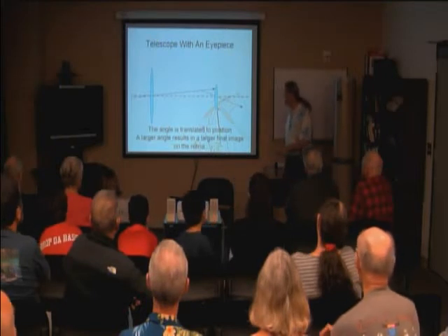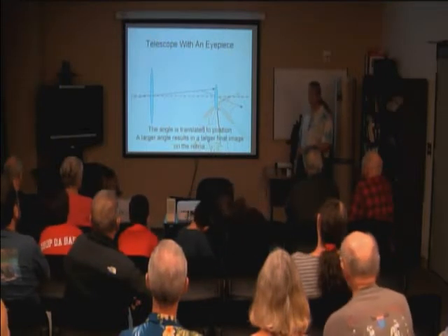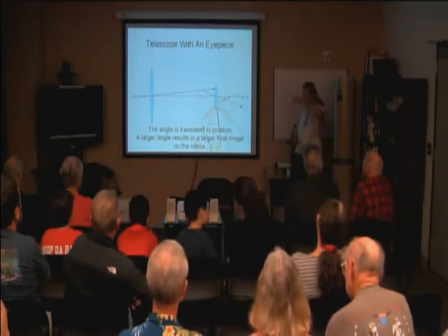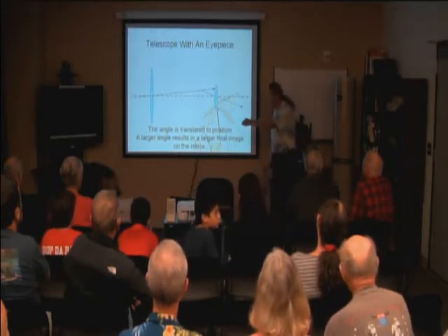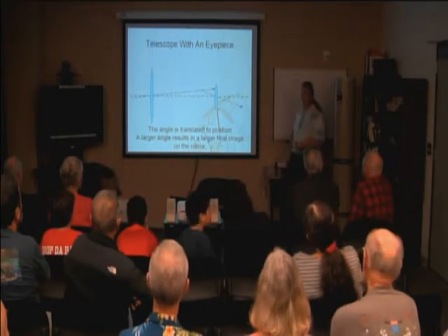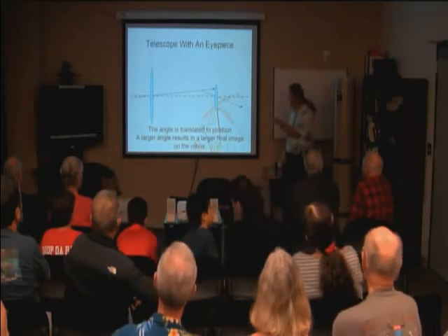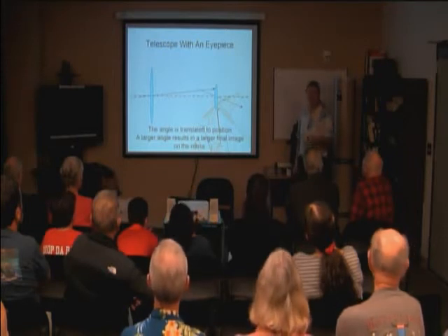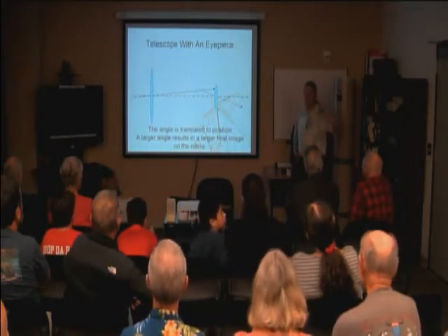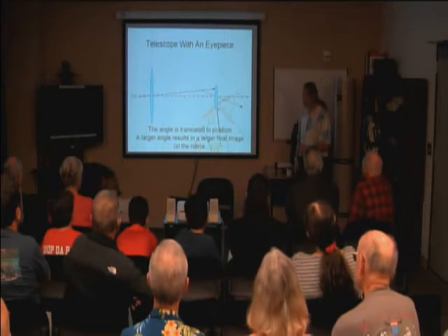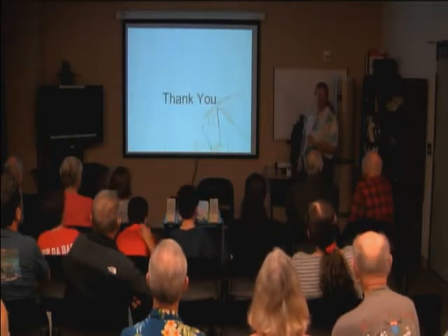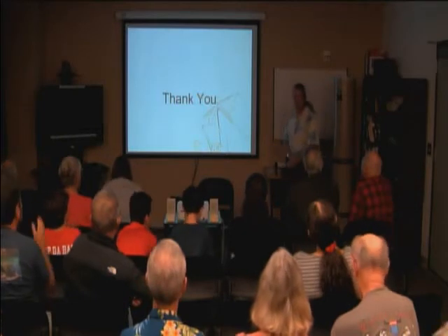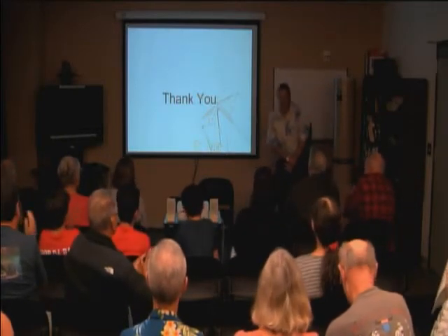A larger angle results in a larger final image on the retina, and as this young man said, if the objective lens has a focal length of 2 meters, and this one has a focal length of 1 meter, the magnification will be a factor of 2. The image will be twice as big. Okay? And I think that's good enough to torture your brains for the evening. Thank you very much.